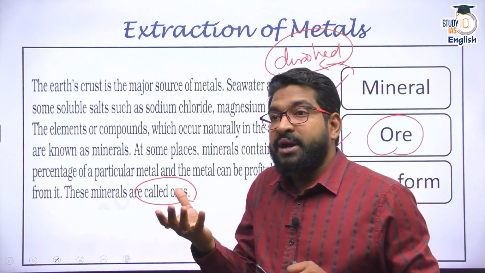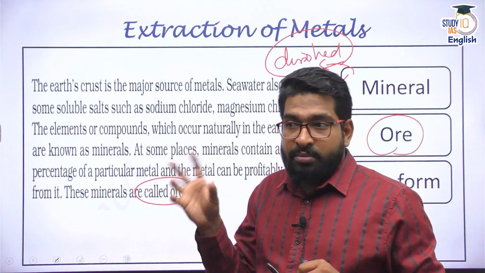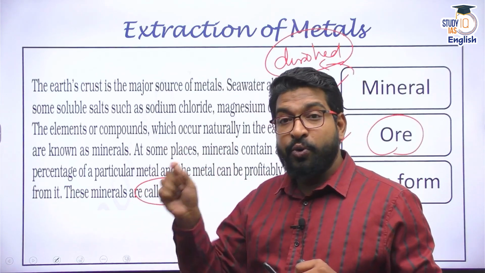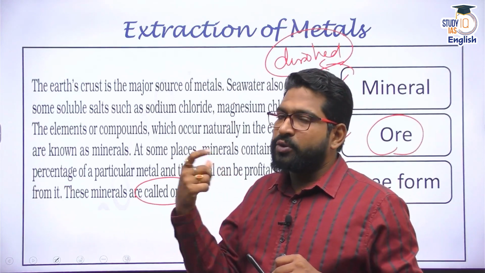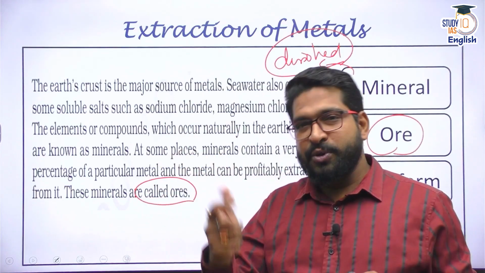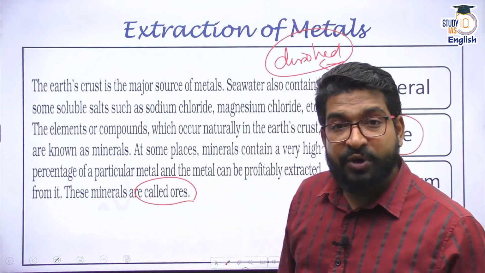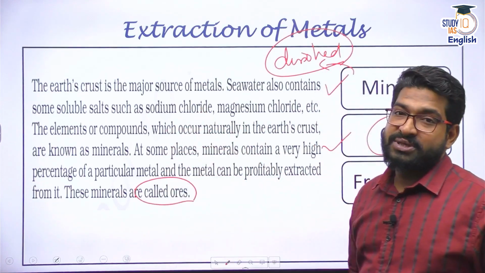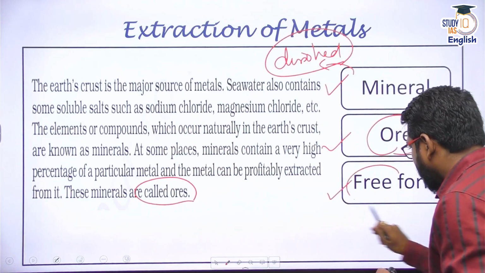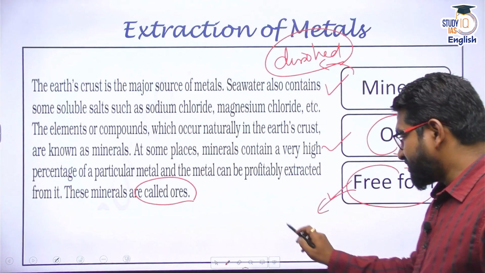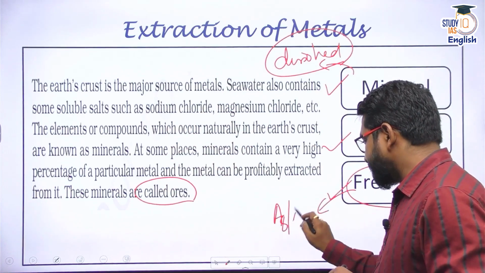For example, I might find gold in pure form. Gold can also be found in ore form. Silver, again, I can find in ore form also, maybe in pure form also. Platinum, I'll find in pure form itself. So metals can be found in pure form, with very few exceptions like gold, silver, platinum.